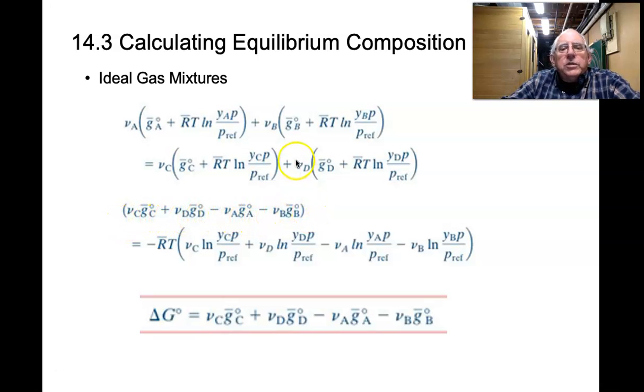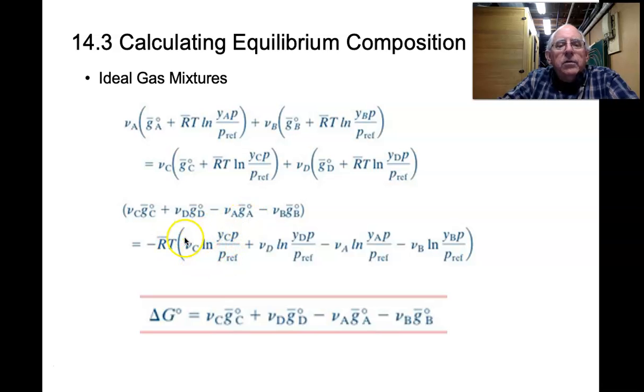And in essence, here is the first term, here is the second term, minus this term, minus this term. And then everything that would show up on the other side of the equation has the RT, as well as the stoichiometric coefficient. And so we see the RT, and then we have each of these four terms right here.